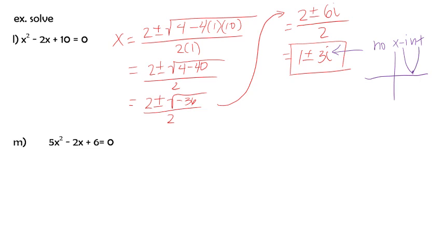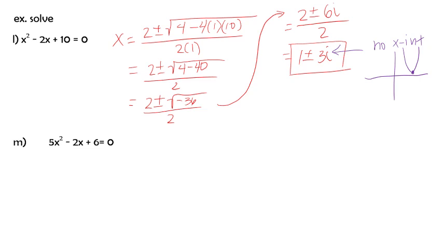Notice that the graph doesn't ever cross over onto the other side. So it might be shifted somewhere else, but notice that there's no x-intercepts for that graph. Okay, go ahead and try part M. Pause it and then come back and double check your work.